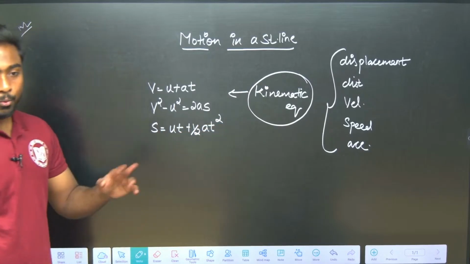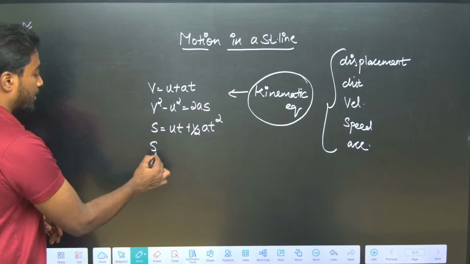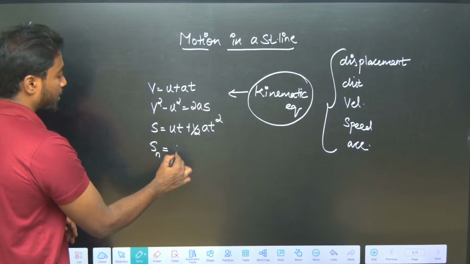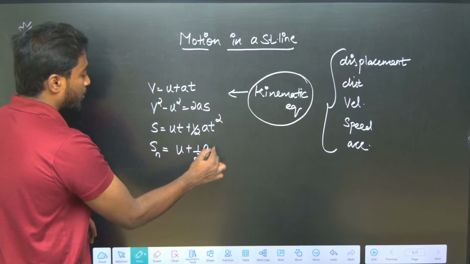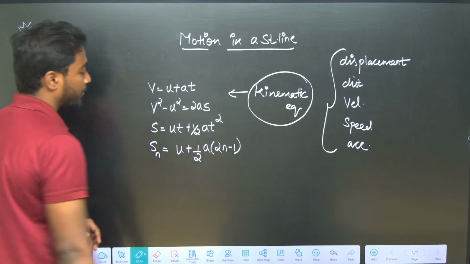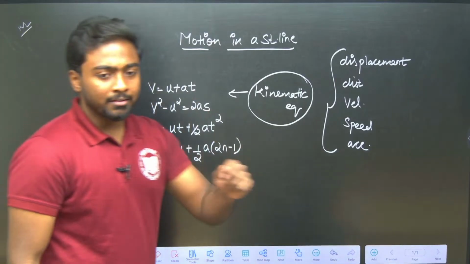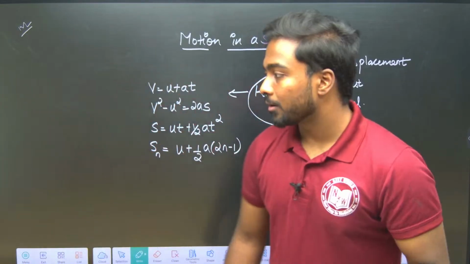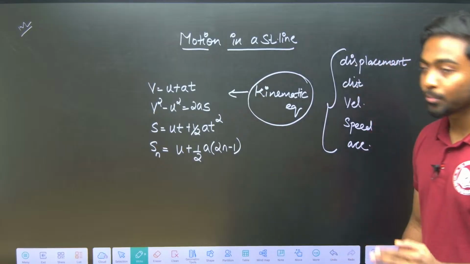And one more equation, that is Sn equals u plus 1 by 2a into 2n minus 1, right. So at t seconds, what is the displacement that happened?